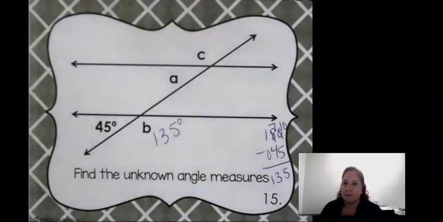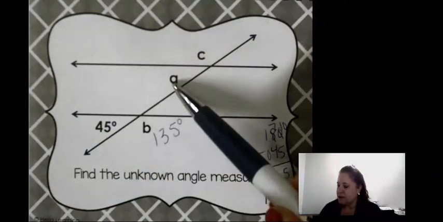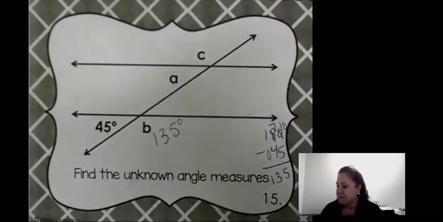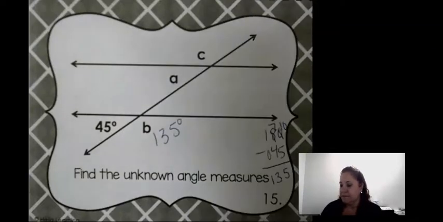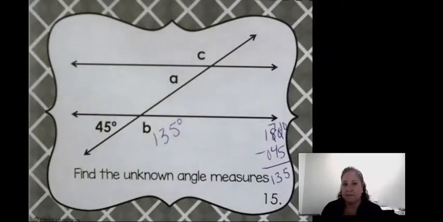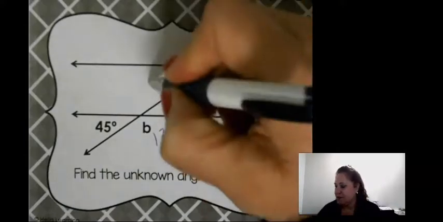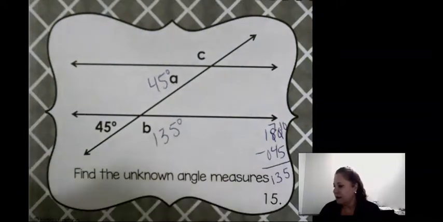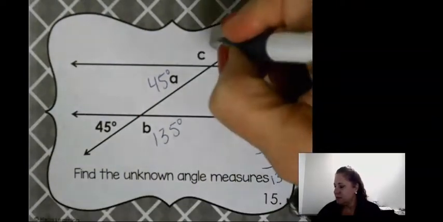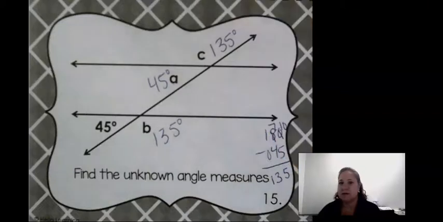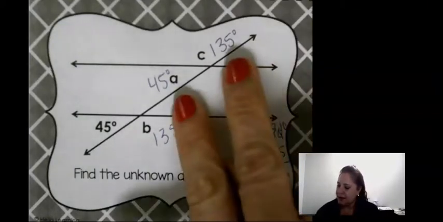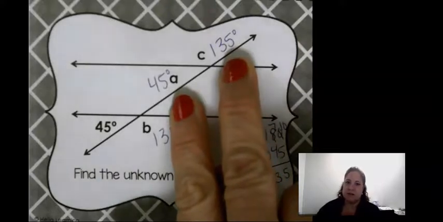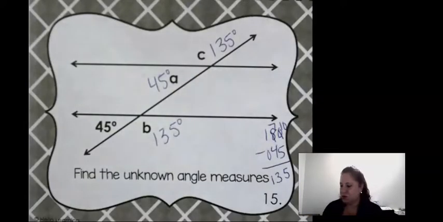All right, now that means that A is 45 degrees and C is 135 degrees. Okay. If I add up A and C, they must equal the 180 degrees, just like these did.